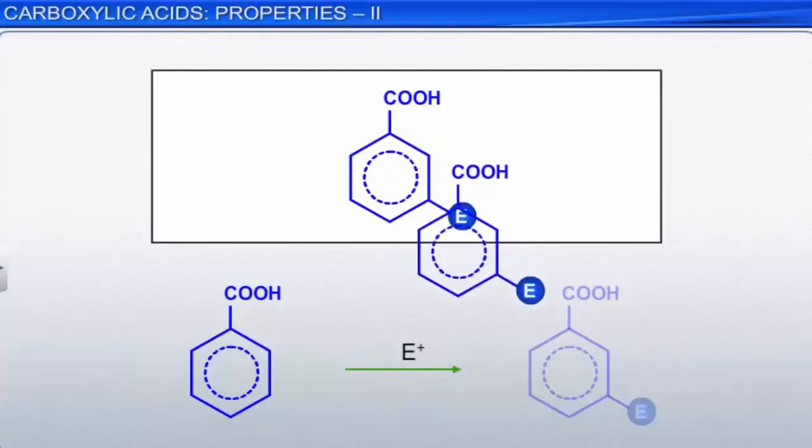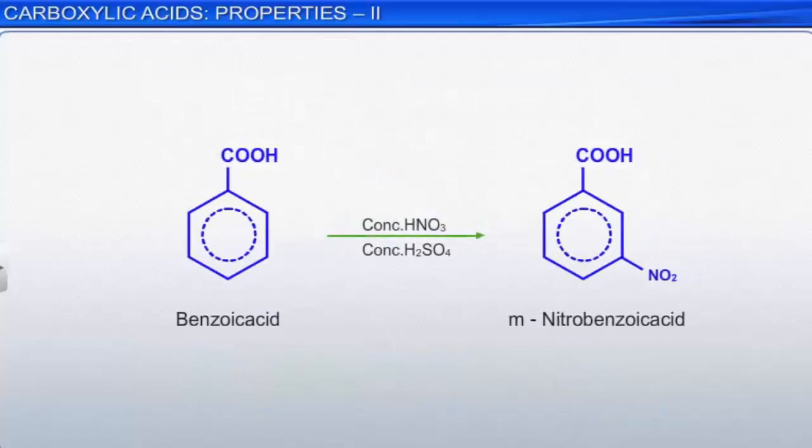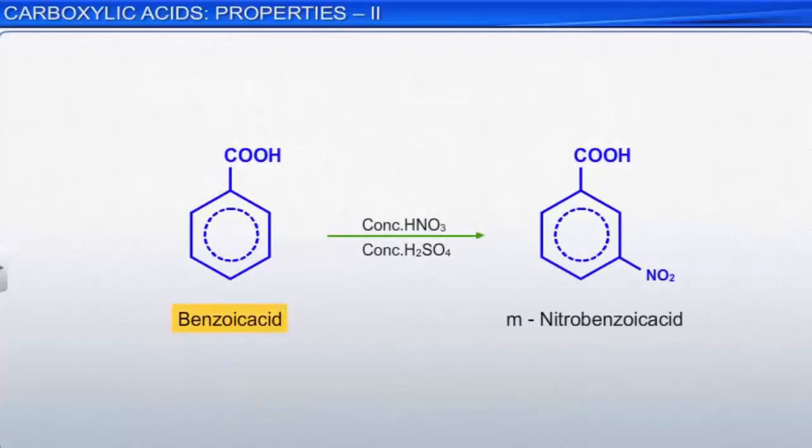Furthermore, as it is a deactivating group, the reactions occur only under drastic conditions. For example, benzoic acid, on heating with a mixture of concentrated nitric acid and concentrated sulfuric acid, gives meta-nitrobenzoic acid.